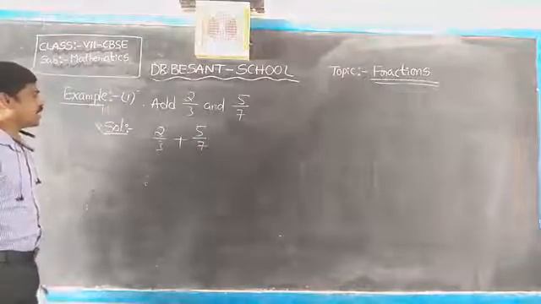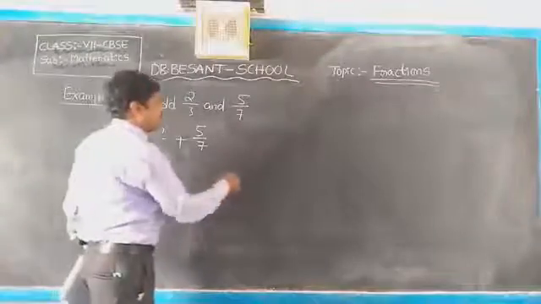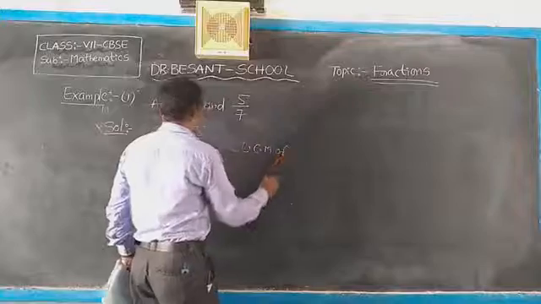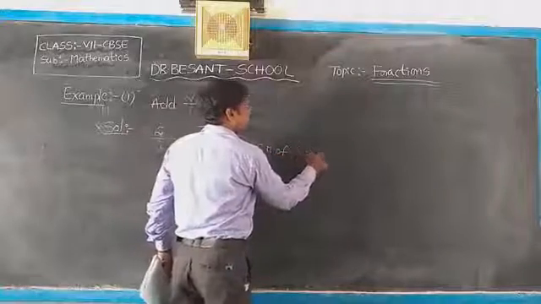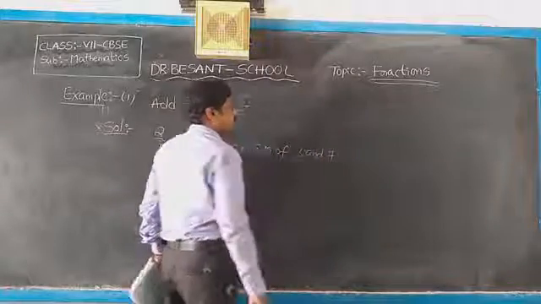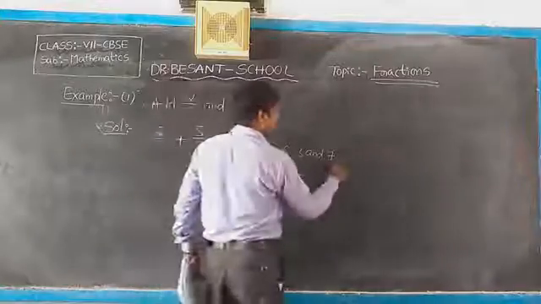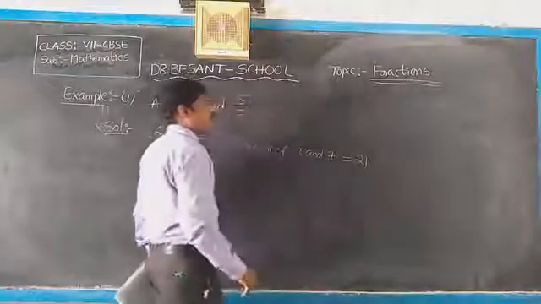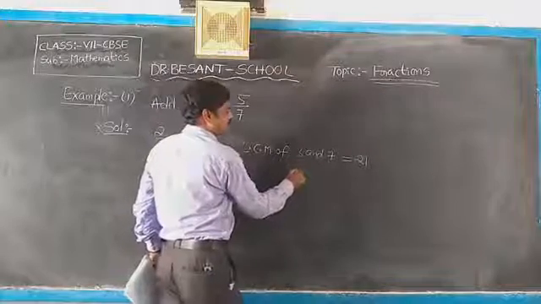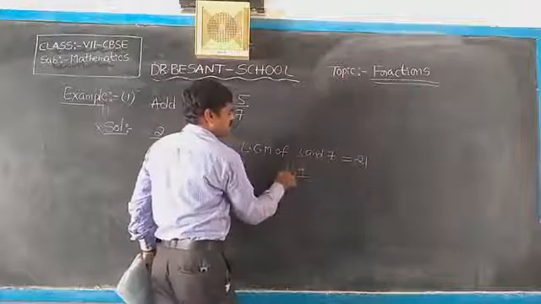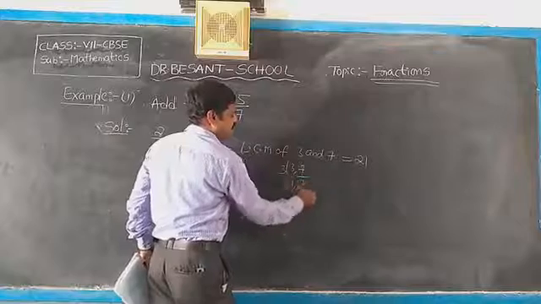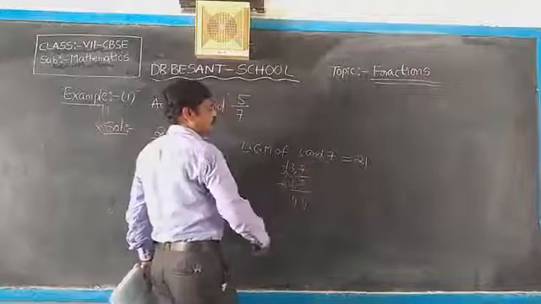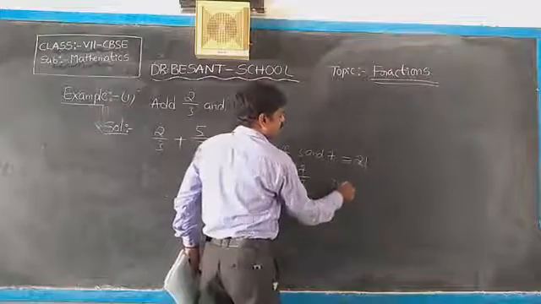Now the LCM of 3 and 7 is 21. Why? Because 3 ones are 3, 7 ones are 7, so the LCM is 3 into 7.